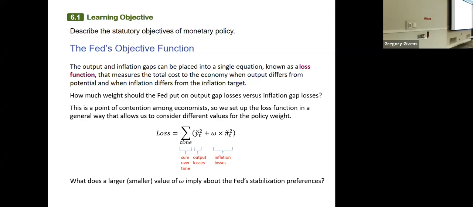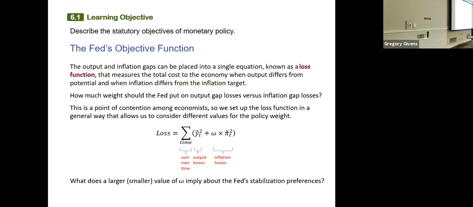They have some idea about central bank objectives as measured by some type of loss function like this, and they have a whole bunch of forecasting models of the economy that they can use to see how different monetary policy settings generate different possible paths for the output gap and inflation. They can then plug those values directly into this objective criterion to try to figure out what the best path of the policy interest rate should be.